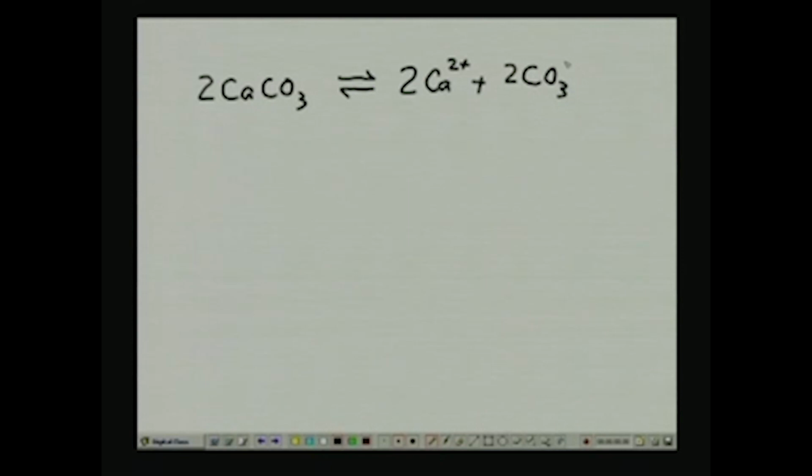What happens there is this: we have one reaction in which we end up in dissolution of calcium carbonate, like what we had before, and then what happens is this.